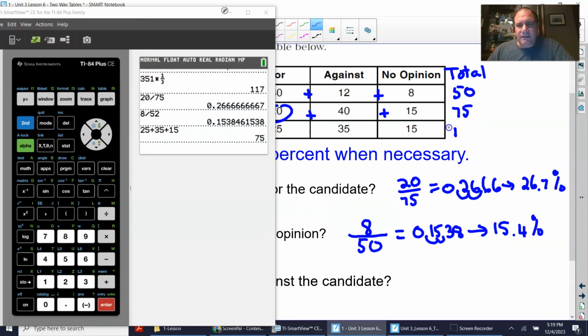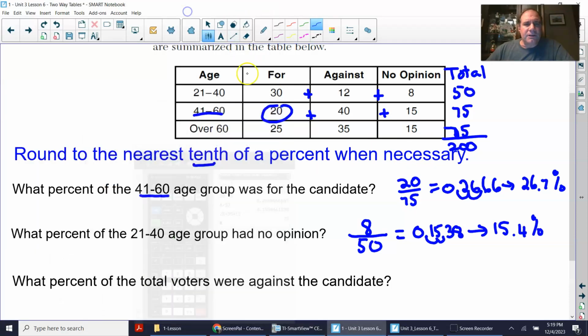So that's 75. And now I'll add them down. 150, that should be 200. Again, if you want to check, you could check it, but total voters, 200.